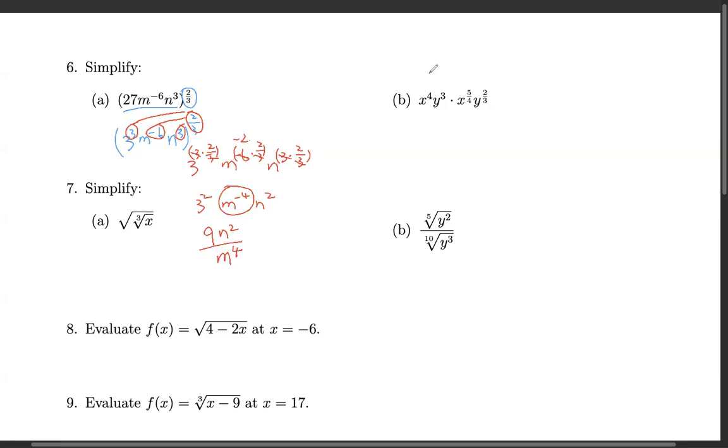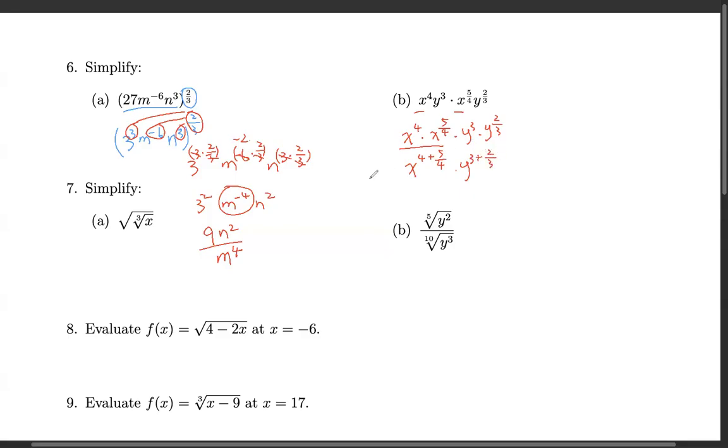Now let's see B. In B, I have the same base, so I'm going to move the same bases together. So x raised by 4 times x raised by 5/4 times y raised by 3 times y raised by 2/3. Same base, we add the exponents. So 4 plus 5/4, times y raised by 3 plus 2/3.